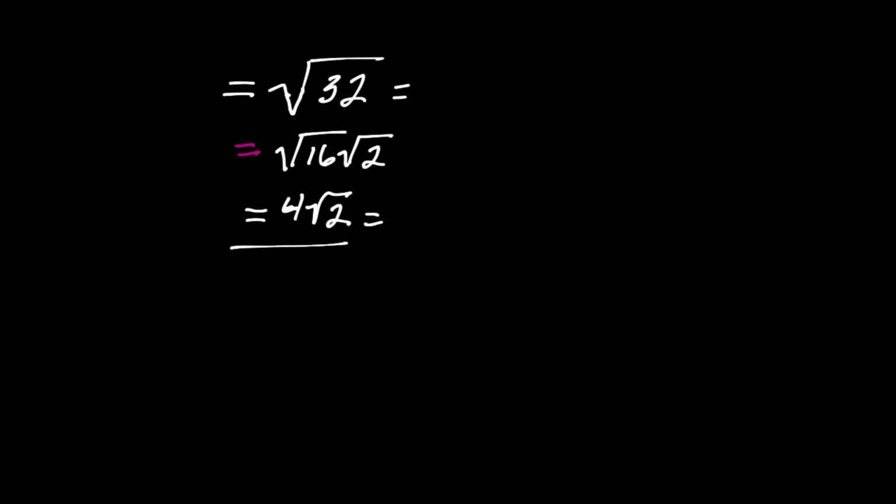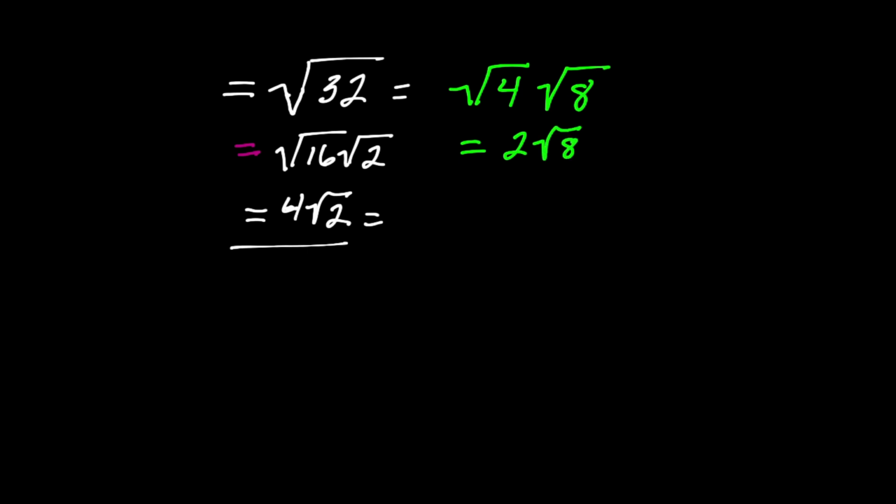One thing sometimes when we're first learning these is that students will say, hey, I know 4 goes into 32, and 4 is a perfect square. So the square root of 4 times the square root of 8 equals the square root of 32. Yep, sure enough. So I'd say 2 root 8.